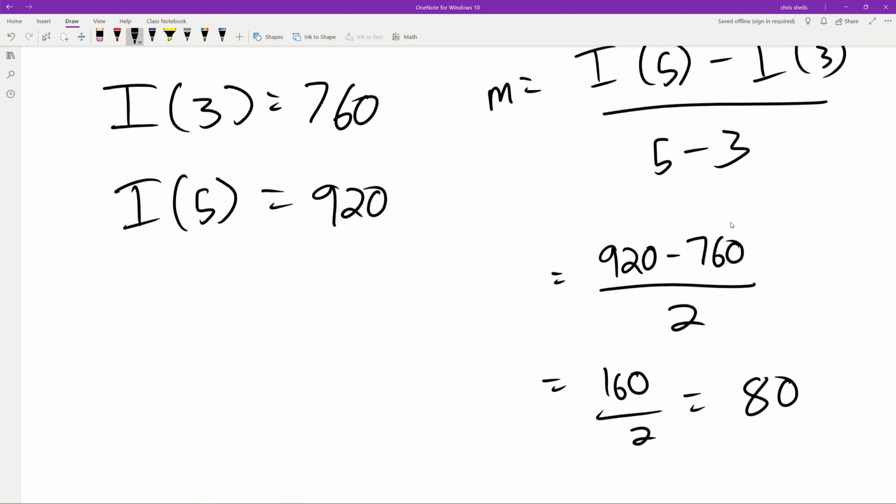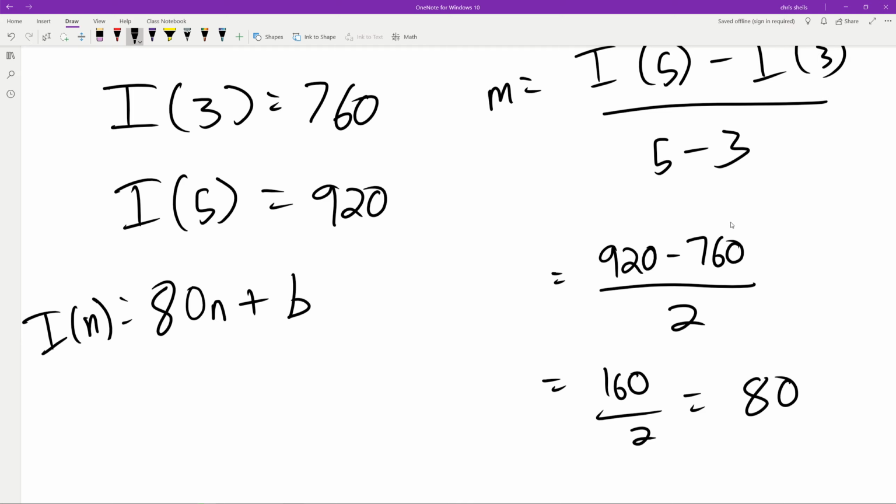So I get that my rate of change here is 80. So I of n is going to be of the form 80n plus b.